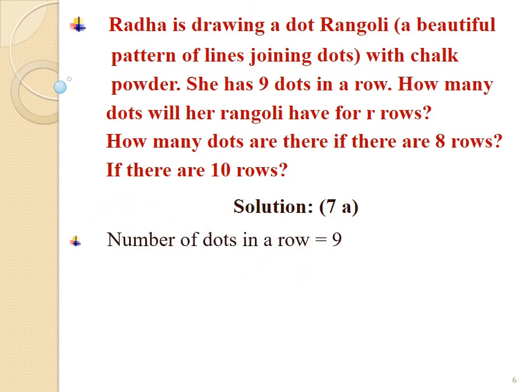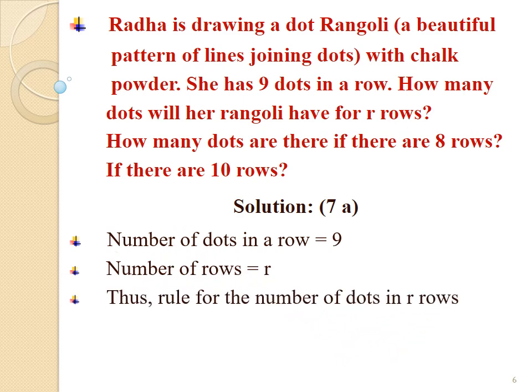Number of rows equals R. Thus, rule for number of dots in r rows equals 9R, where R is the number of rows.